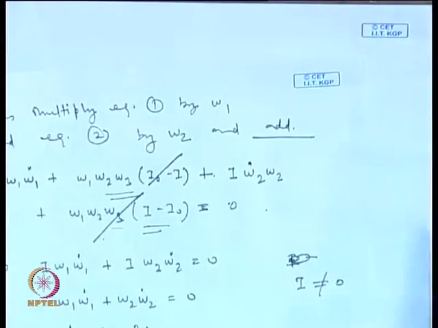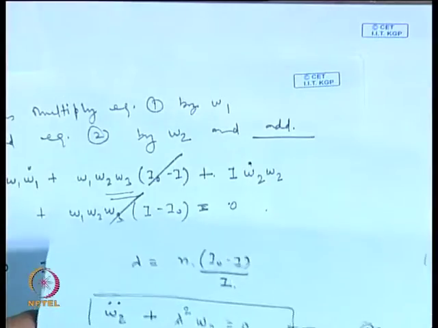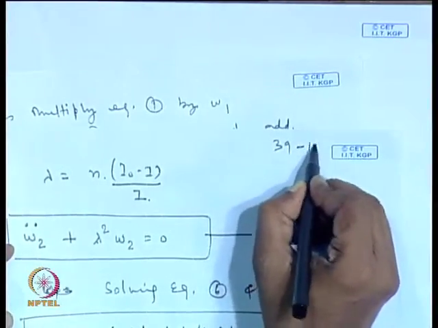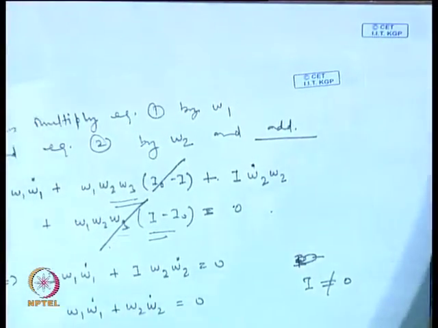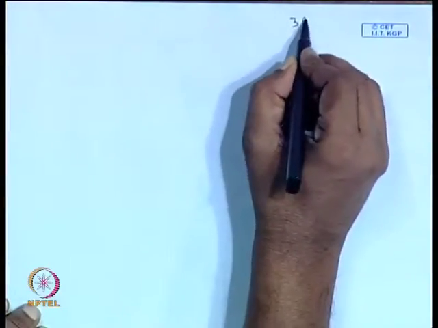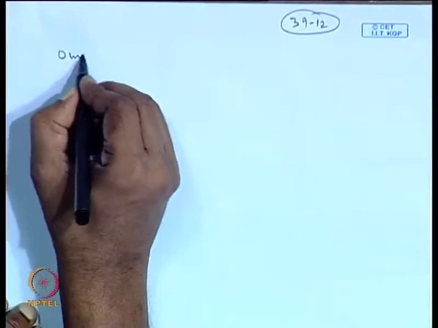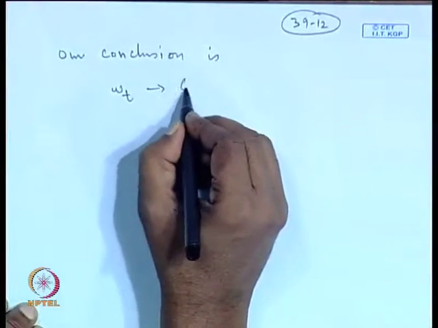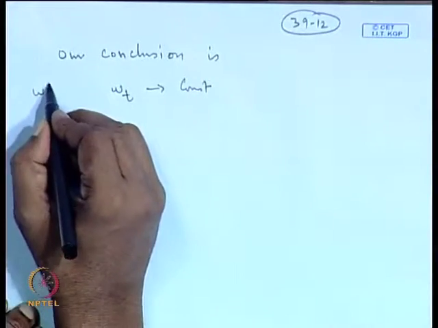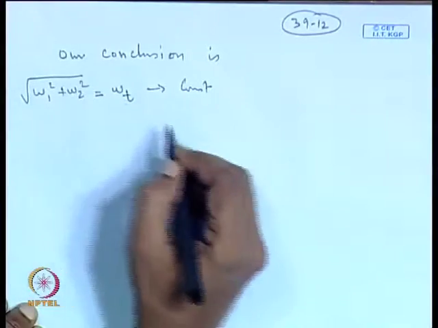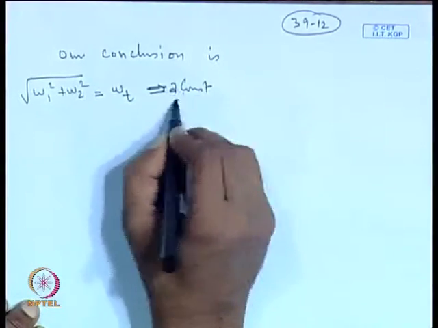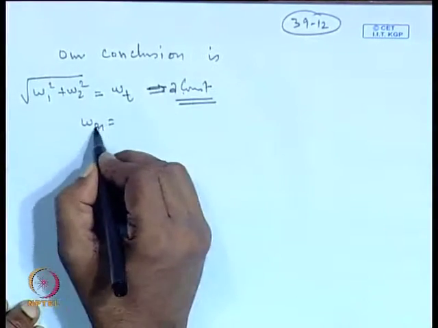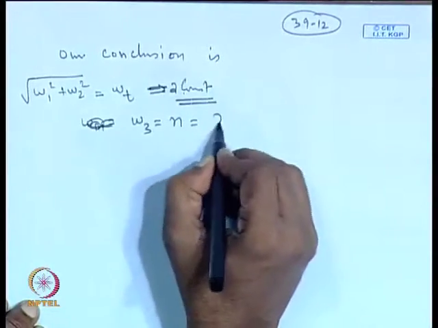So, what we have concluded till now? So, our conclusion is omega t, this is a constant, means omega 1 square plus omega 2 square under root is equal to omega t, this is a constant, okay, and also omega 3 which we are writing as n, this is also a constant.